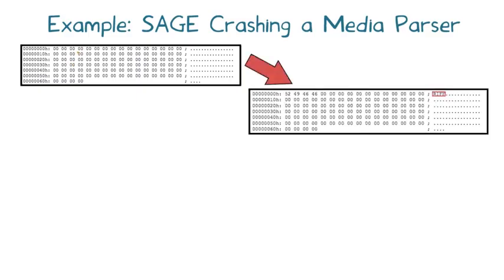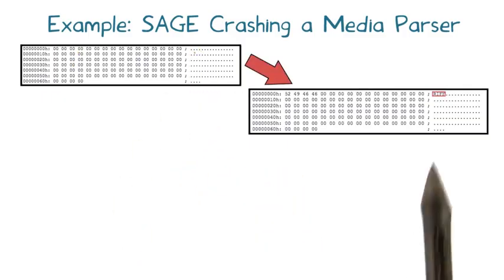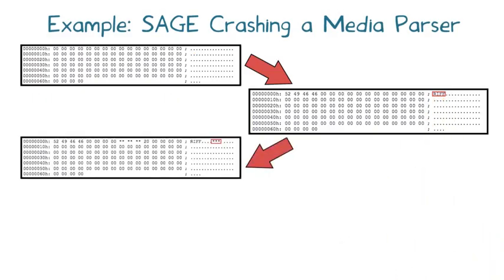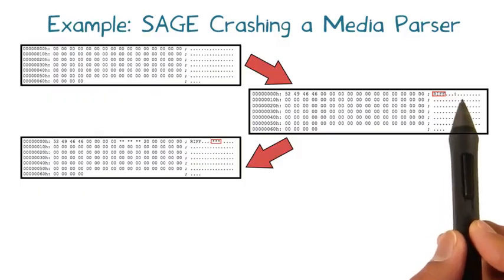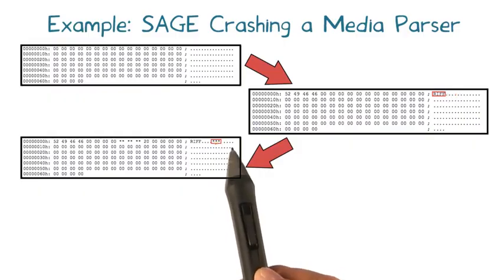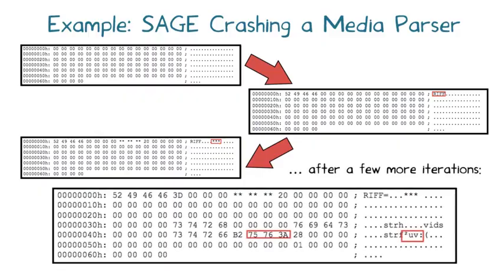For instance, in the second iteration, it replaces the first 4 bytes by the characters R, I, F, and F respectively. And in the third iteration, it replaces the 9th, 10th, 11th, and 12th bytes by the characters star, star, star, and blank respectively. After a few more iterations, it generates the input file that crashes the application. In 60 machine hours, Sage is able to automatically find 357 such crashes corresponding to 12 unique bugs in this media parser application.